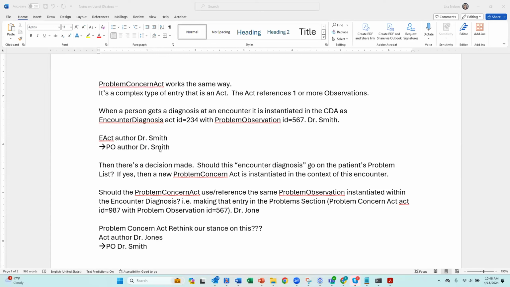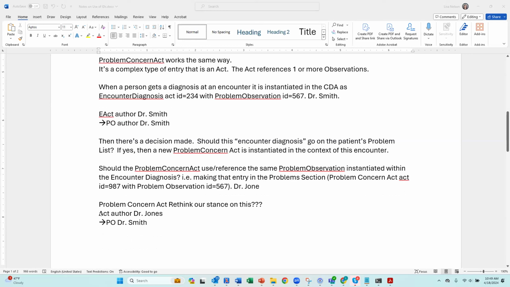In this case, the person saying the patient has a certain issue on their problem list is the primary care physician, a different doctor. But the problem he's putting on the problem list is the problem that Dr. Smith diagnosed. So we have an entry act author and then a problem observation author. Is that correct? You have an encounter act author and a problem concern act author.